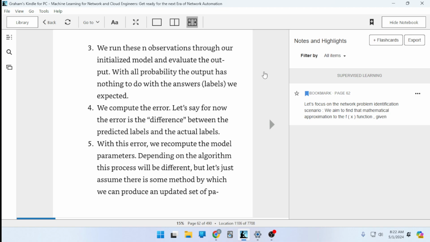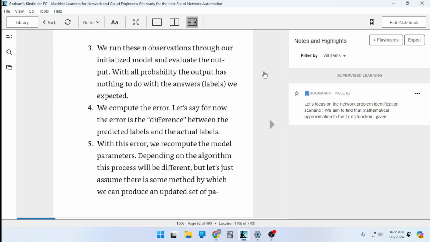Number four, we compute the error. Let's say for now the error is the difference between the predicted labels and the actual labels. Number five, with this error, we recompute the model parameters.